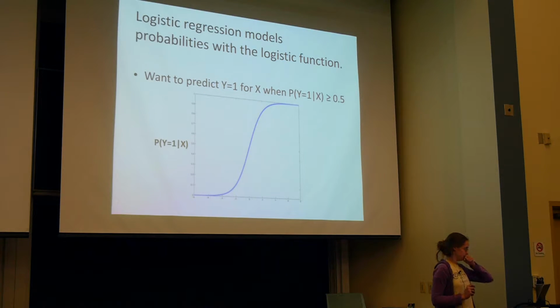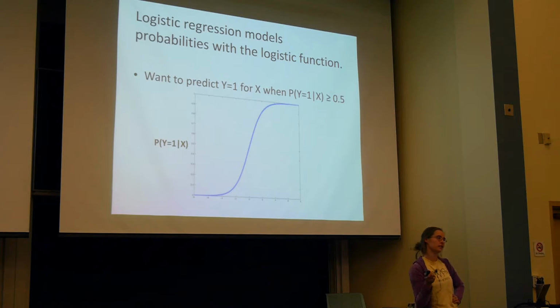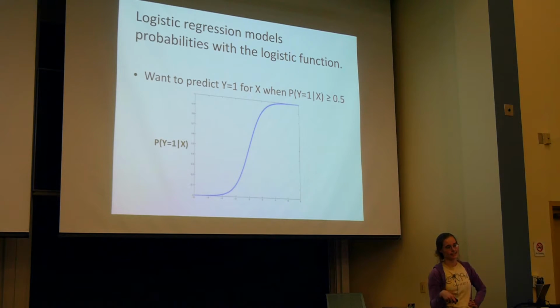So we want to predict, in general, the idea is if you think it's more likely for your label to be 1 for your data, then you're going to say it's 1. And if you think it's less likely than chance to be 1, so chance being 1/2, given that we have two options, so if you think the probability is less than 1/2, then you're going to predict that it's the other label, 0.